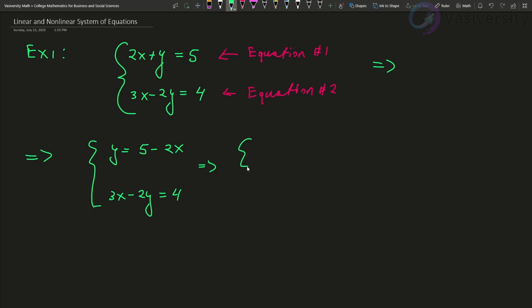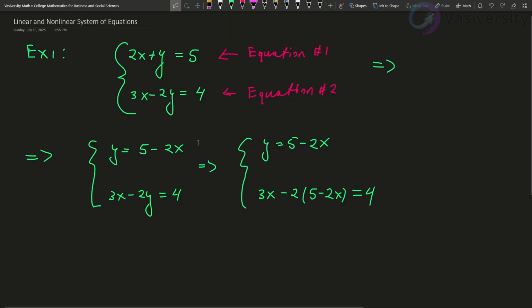We still have y equal to 5 minus 2x, but now in the second equation, we have 3x minus 2 times (5 minus 2x) is equal to 4. Now our second equation is in terms of x only; we no longer have a y. This was the substitution method. We essentially got rid of one of the variables because we were able to express it in terms of the other. Now we can actually solve the equation.